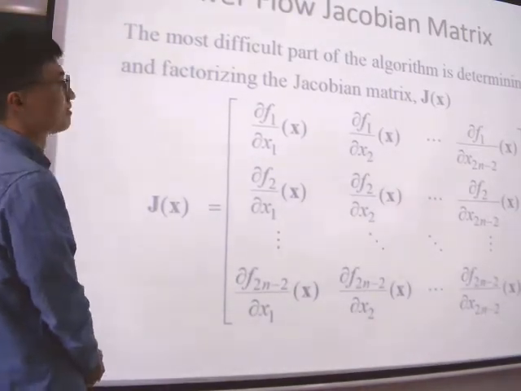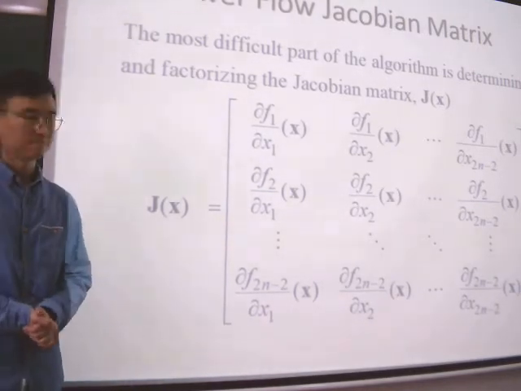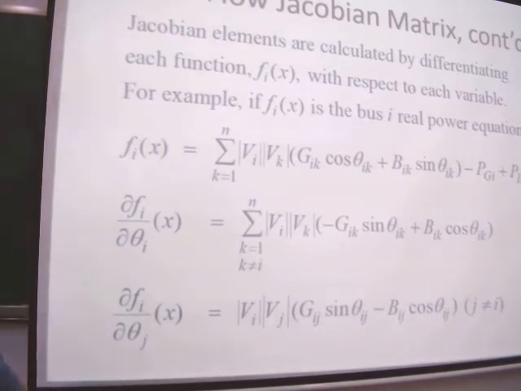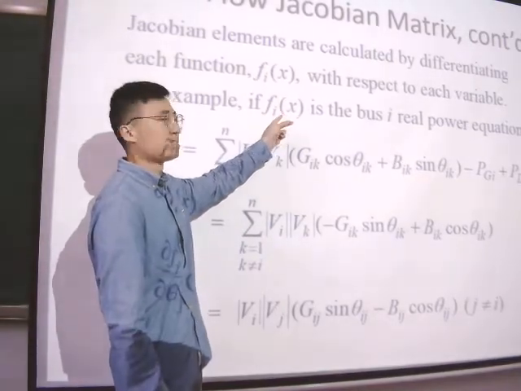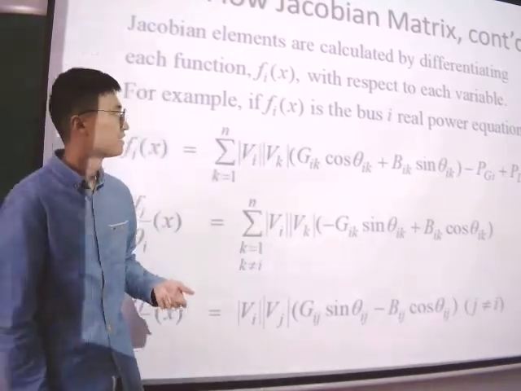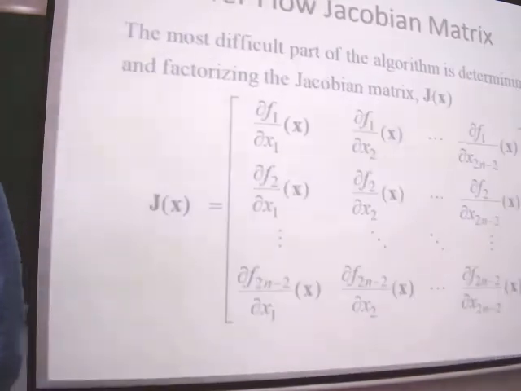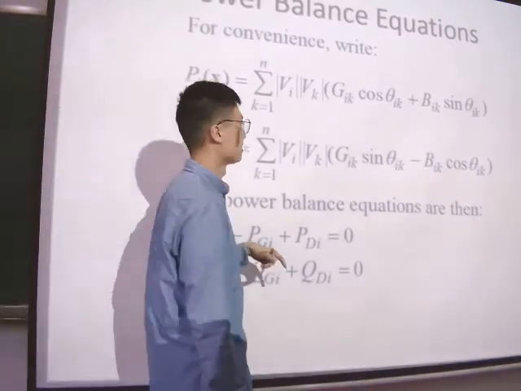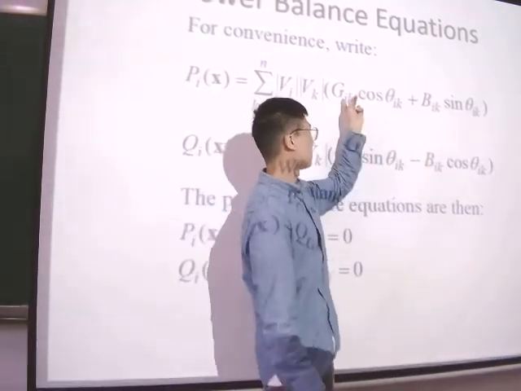So the key point of this method of power flow calculation is the Jacobian matrix. The Jacobian elements are calculated by differentiating each function f(x) with respect to each variable. Here is an example where f(x) is the real power equation for bus i. Note that the difference between the real power and the reactive power is that the real power has cosine plus sine, while the reactive power has sine minus cosine, with conductance and susceptance.